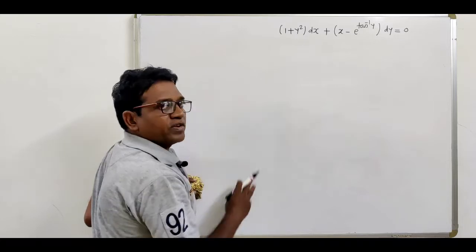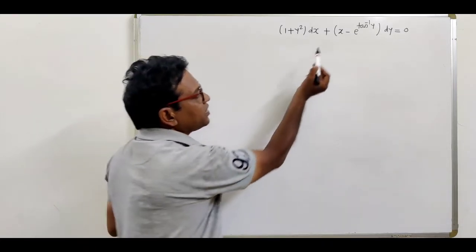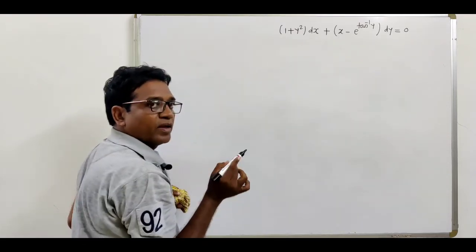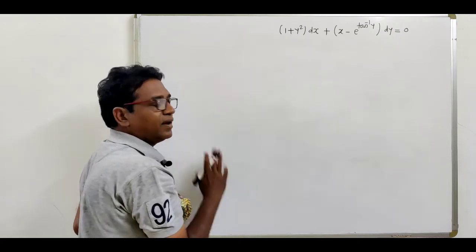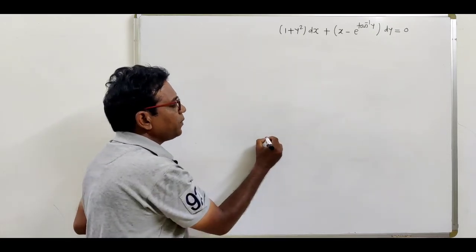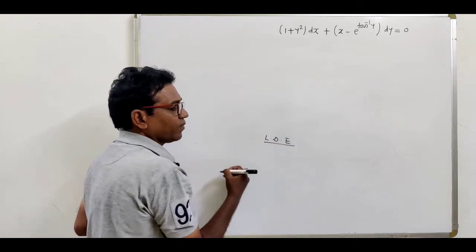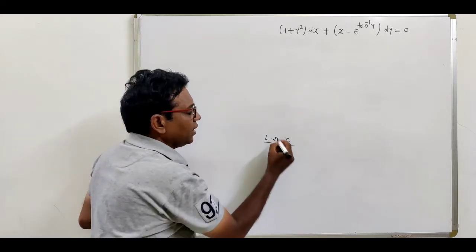Now what is our first observation? Obviously this differential equation contains just a single x. There is no other x. So as the differential equation contains single x, that means it may be a linear differential equation. And what is the format of that linear differential equation?